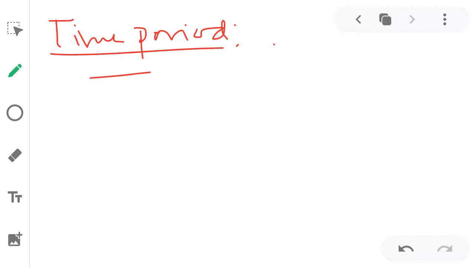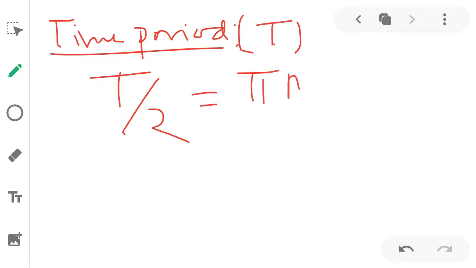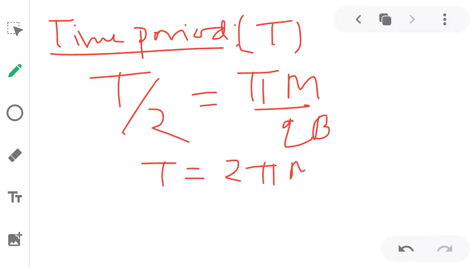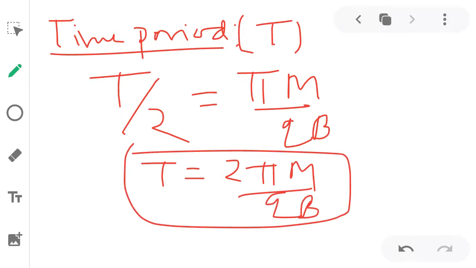So T by 2 is equal to pi m upon qB, which we have just done. So T is equal to 2 pi m upon qB. This is the time period of the electric field.